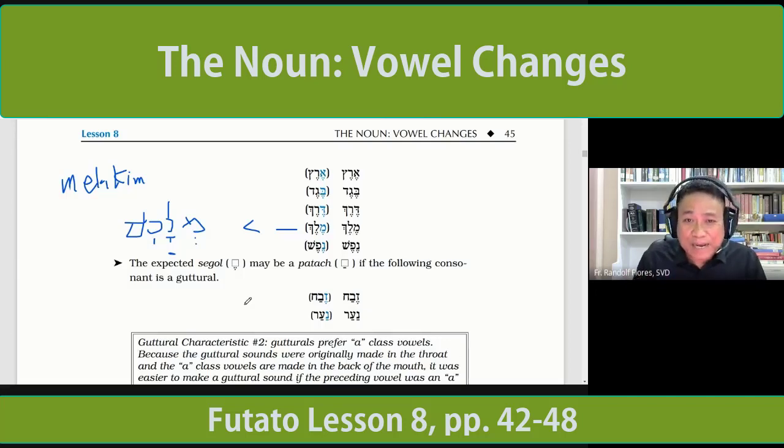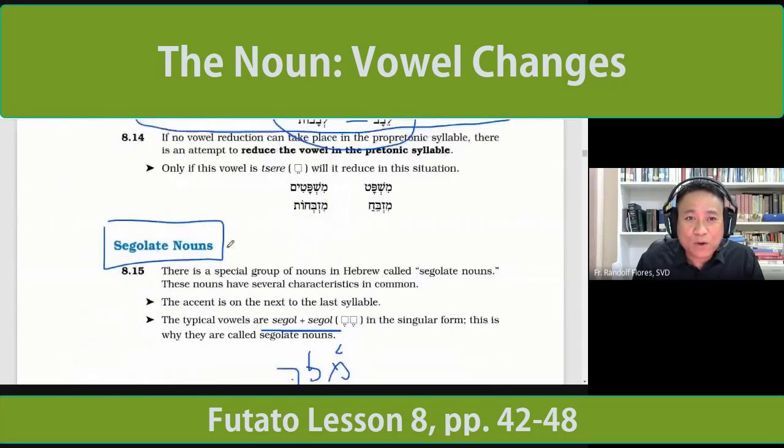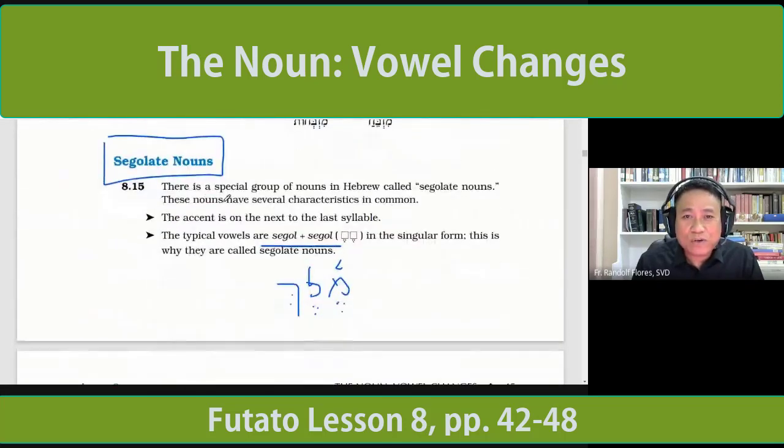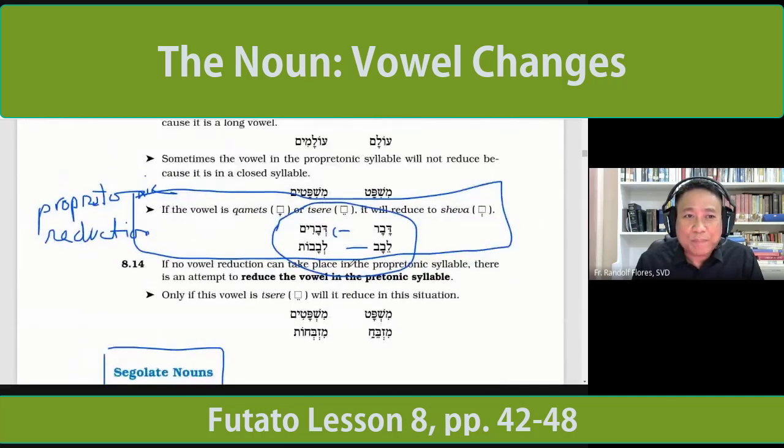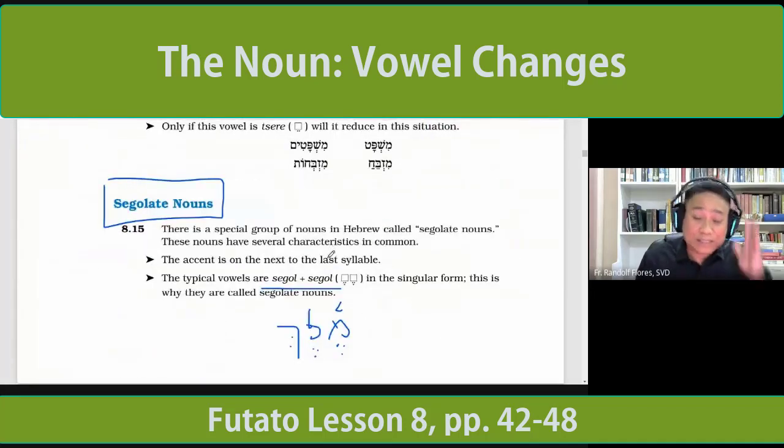Melek, melakim. That is the segolate noun. Basically, it would be a propretonic reduction. Okay, propretonic reduction also.